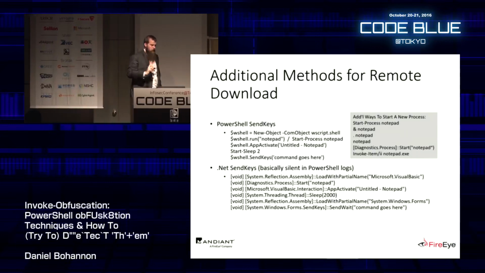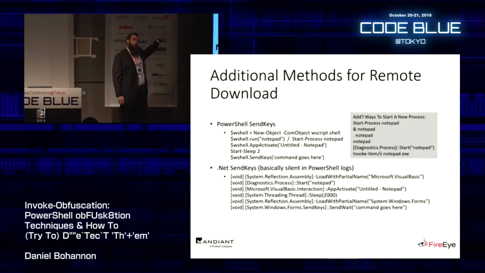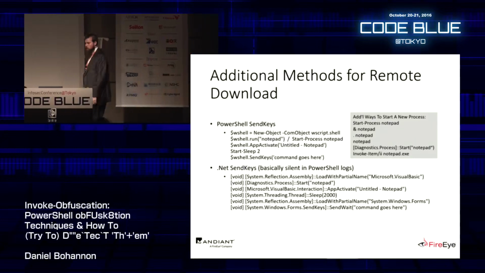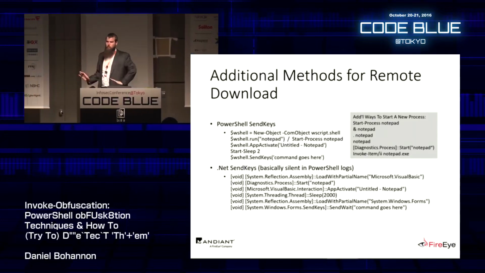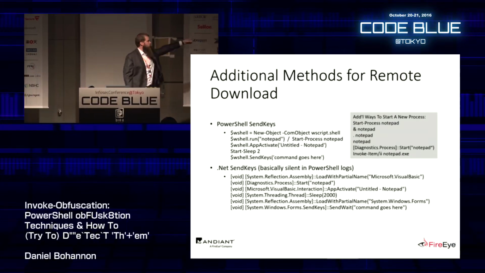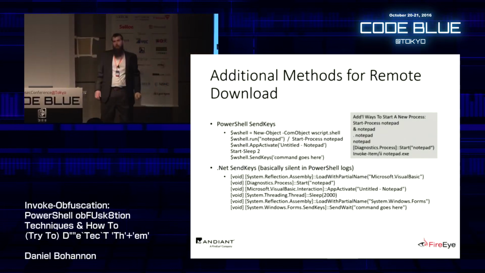And if you'll notice these void functions at the beginning, if you can get void in front of that command, it won't even show up in PowerShell event logs. So just a technique to keep your activities quiet. But again, from the blue team perspective, if I ever see a void on the command line especially, that should be very concerning for me.